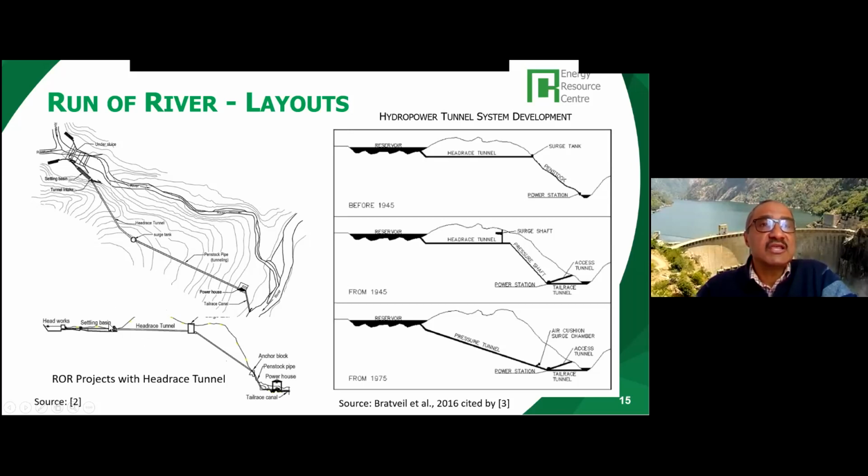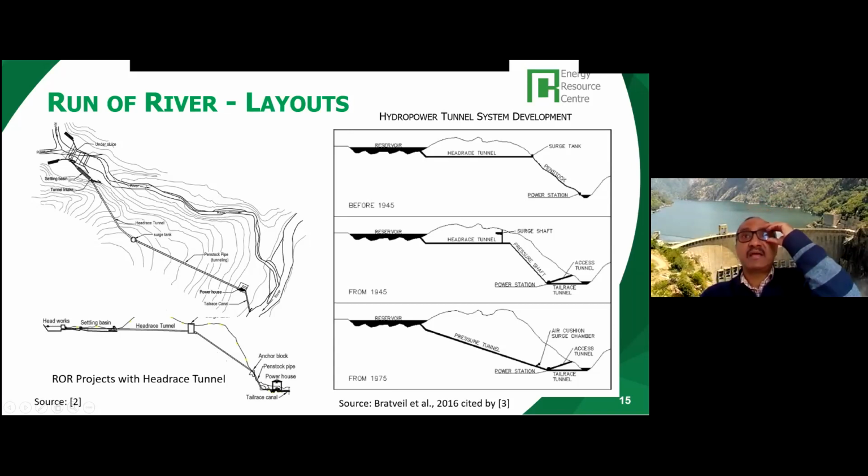The water that flows under pressure in the headrace tunnel covers the whole diameter of the tunnel. It is basically underground, as tunnels are supposed to be. And then finally, we come up to the penstock, which leads to the powerhouse station.